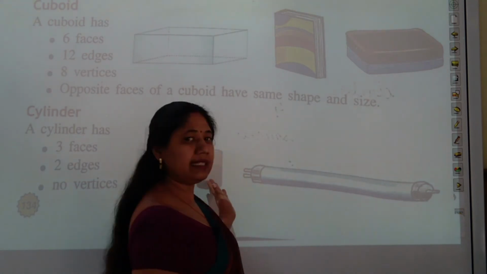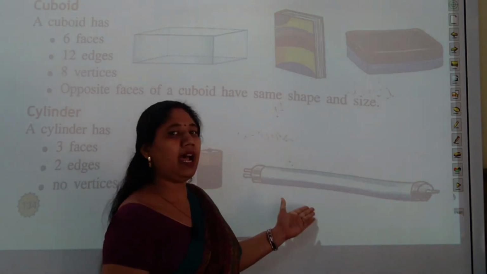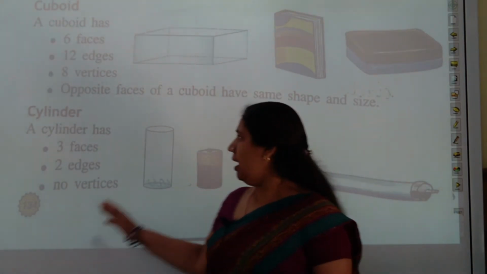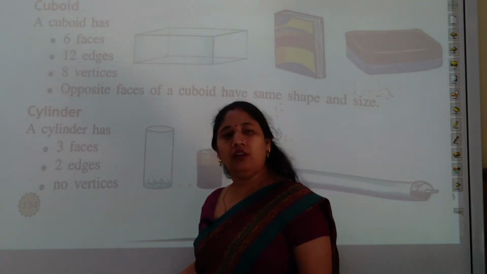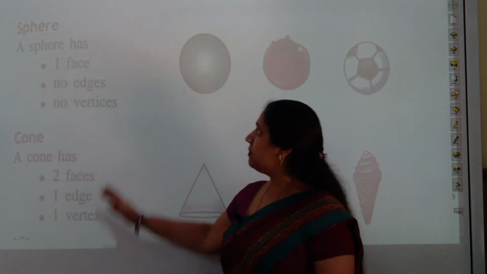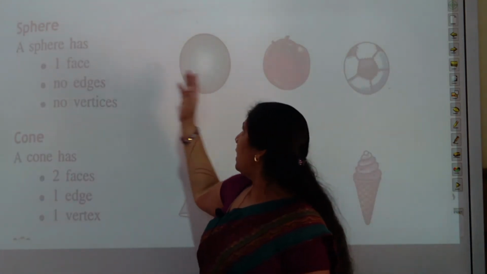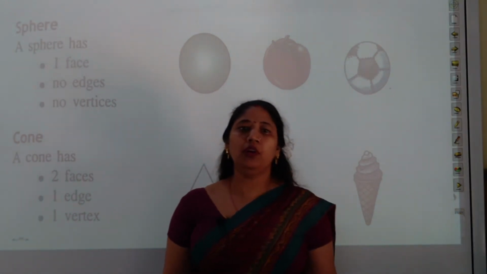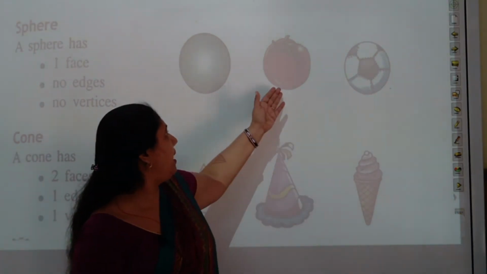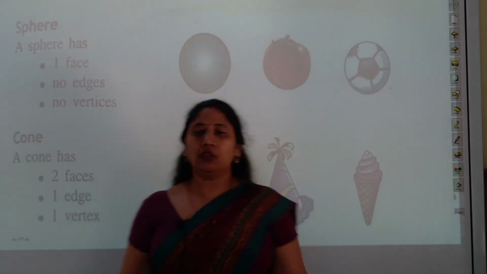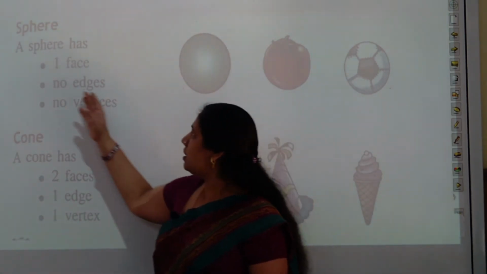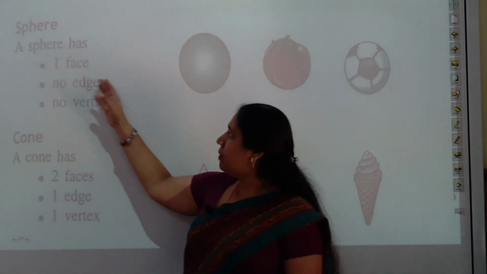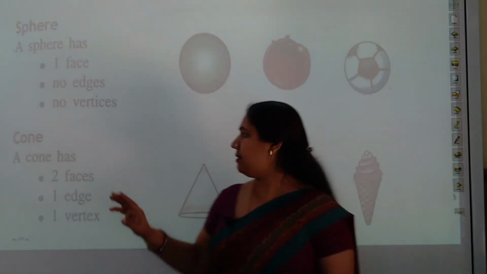So cell, tube light and the new pencil are the examples of cylindrical objects. Sphere have only one face, like your football, woolen ball or your tomato. Okay, so these are the spherical objects, no edges and no vertices. Okay beta, because it has only one face.